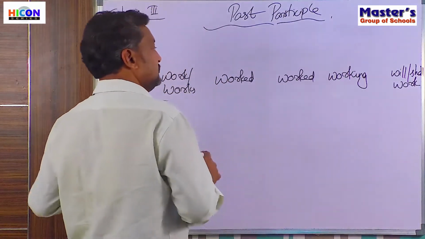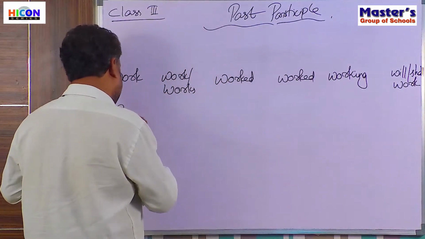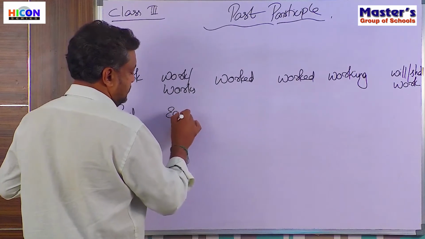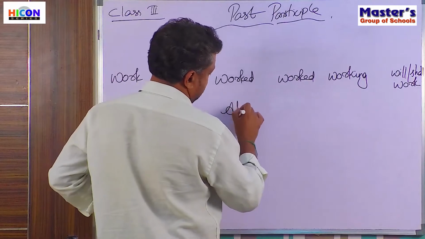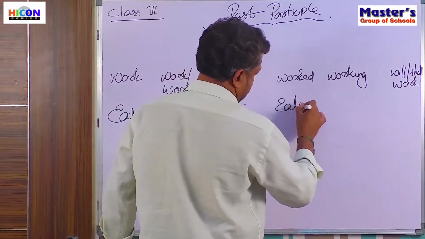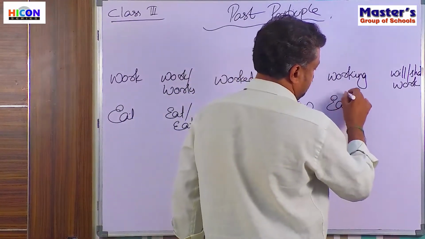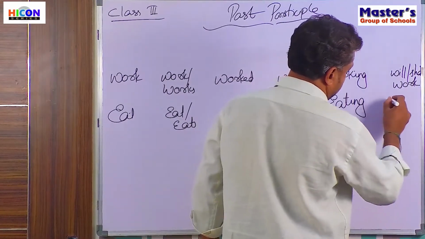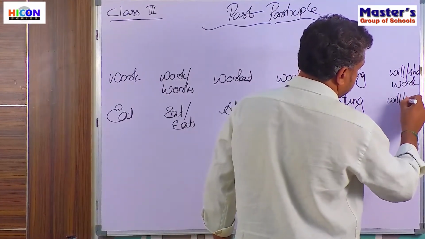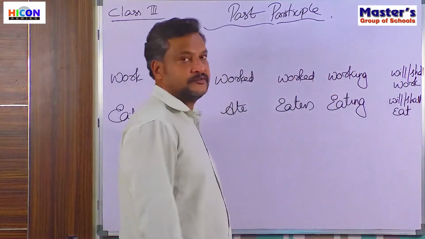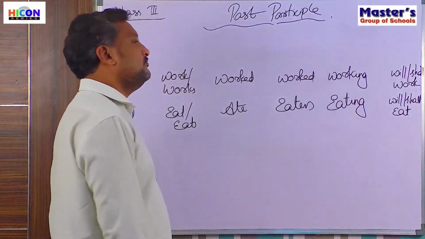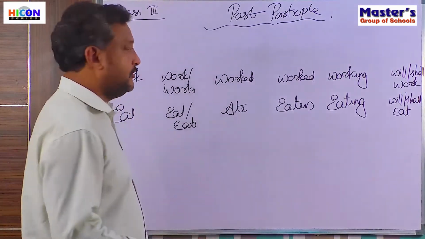Now, if we write another word like eat or eats, ate, eaten, eating, will or shall eat. Right? So like this, all verbs have got 5 verb forms.